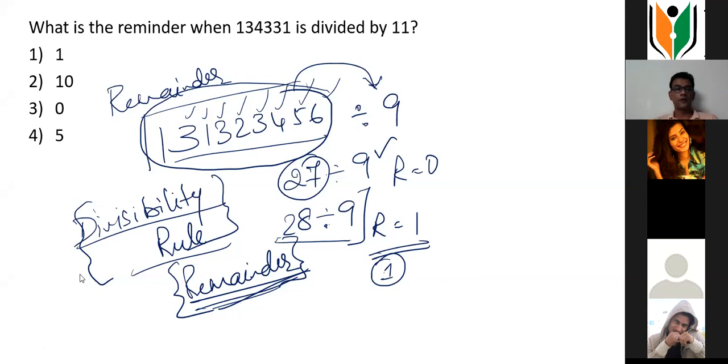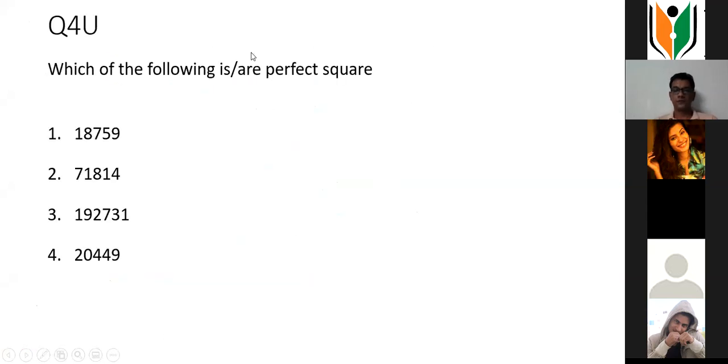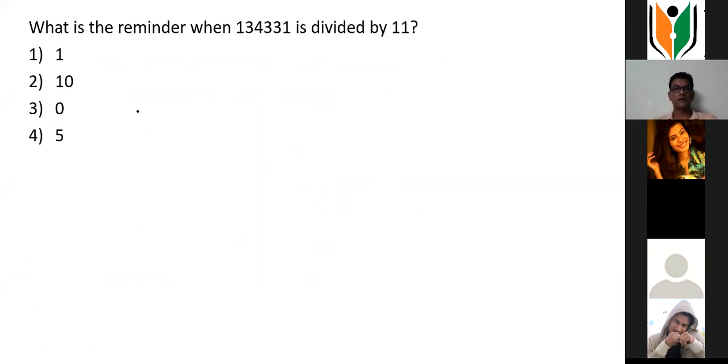Yes, 1 plus 4 plus 3 is equal to 8, and then 3 plus 3 plus 1 is equal to 7. So 8 minus 7 will give me 1. That is what I did. But then you did 3 plus 3 plus 1, 7 first, and then 1 plus 4 plus 3 next.